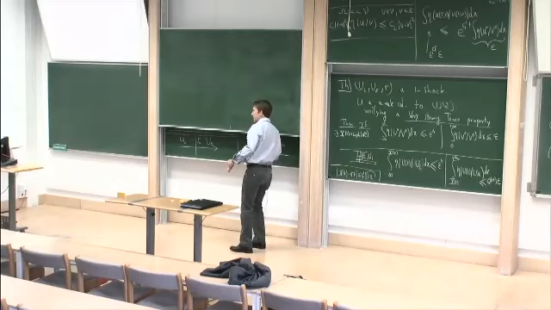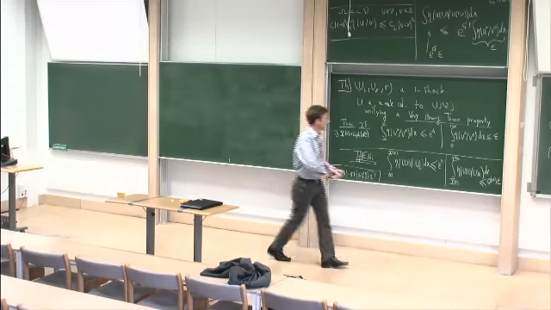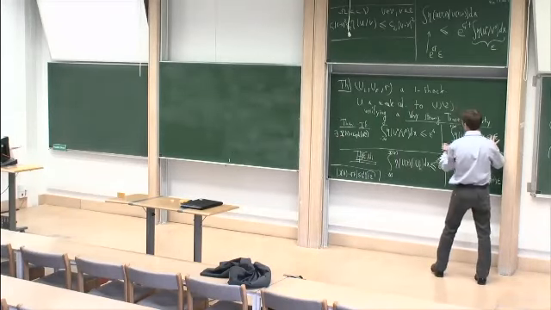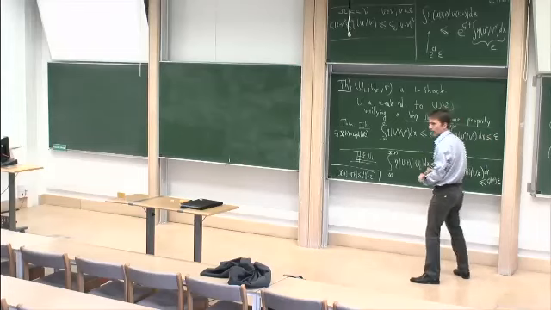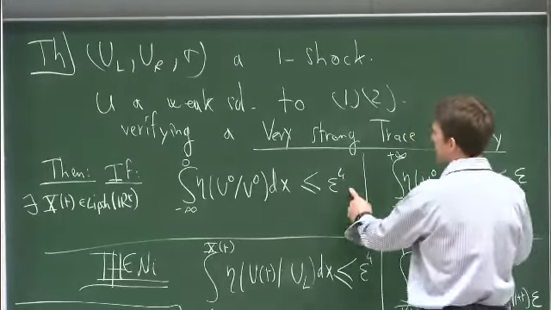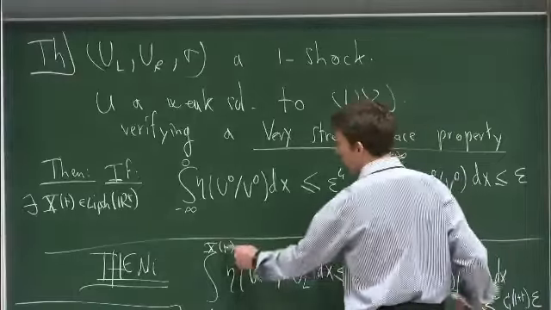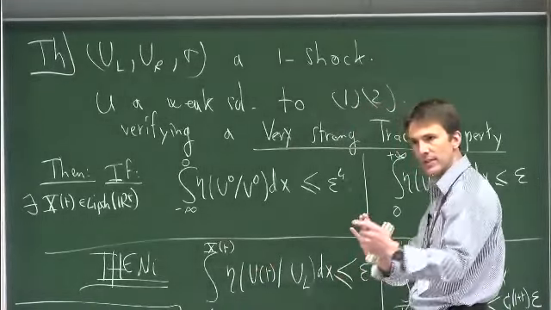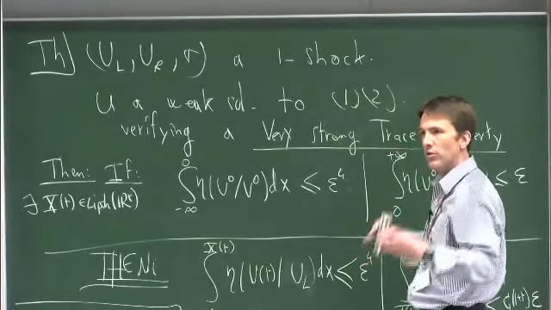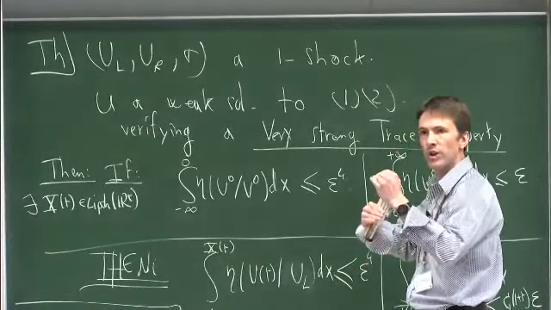What happens is that, well, let's forget about the epsilon 4 right now. What I claim is that up to a shift x of t, the shock is very stable.